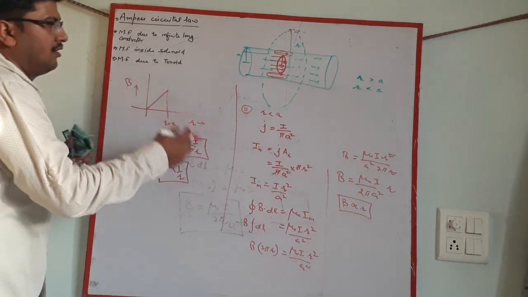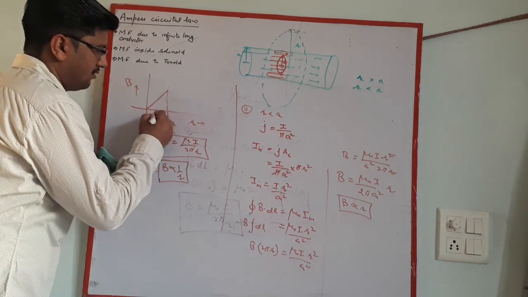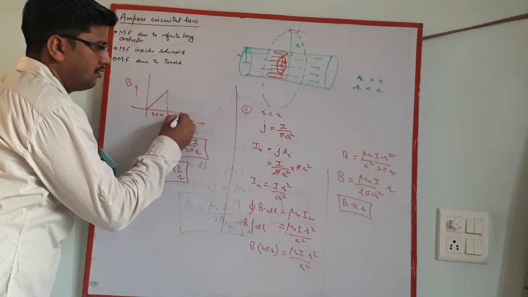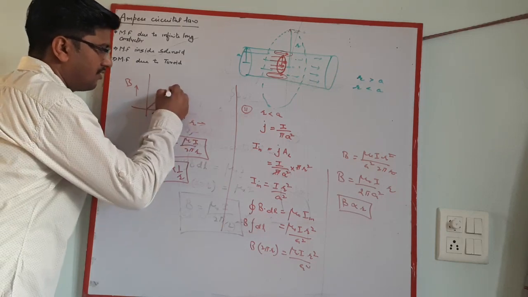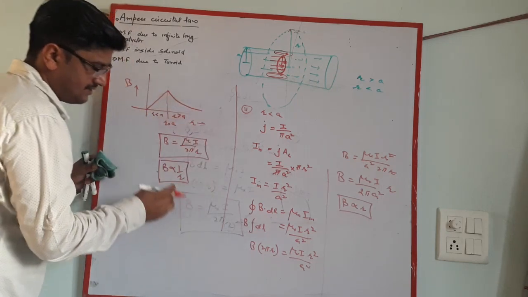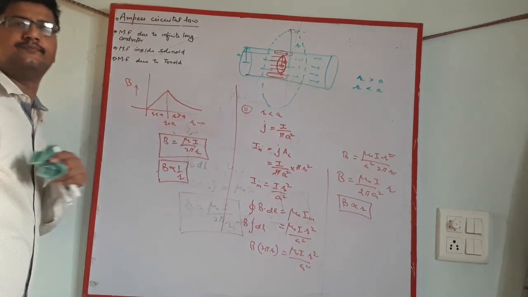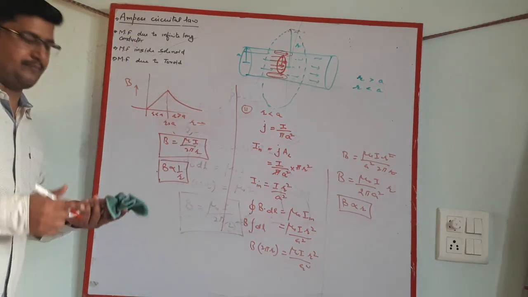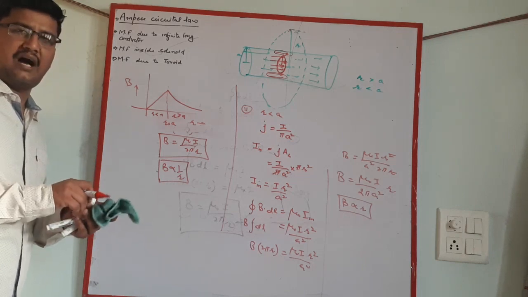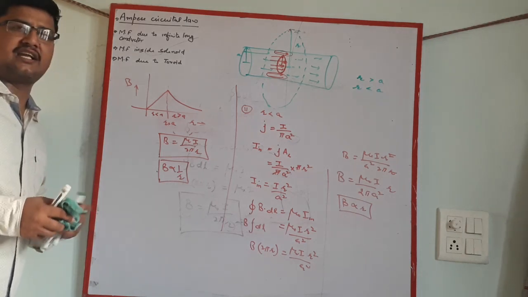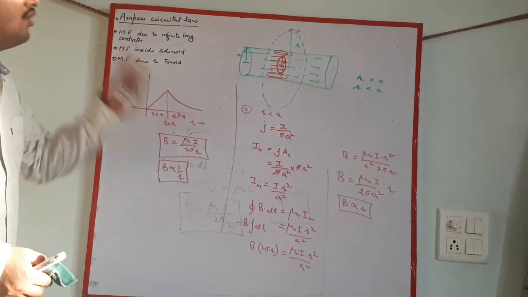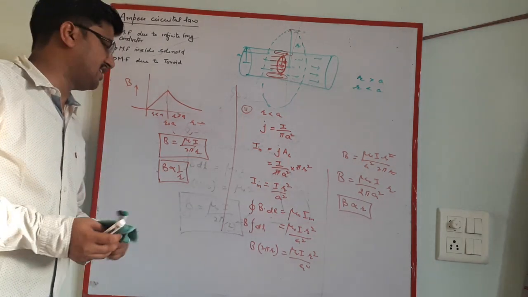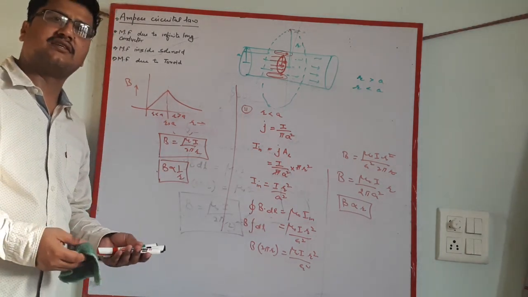And after r greater than a, the B decreases. So we have observed that inside the conductor, B is directly proportional to r. That is, as r increases, B increases, and outside the conductor, as r increases, B decreases.